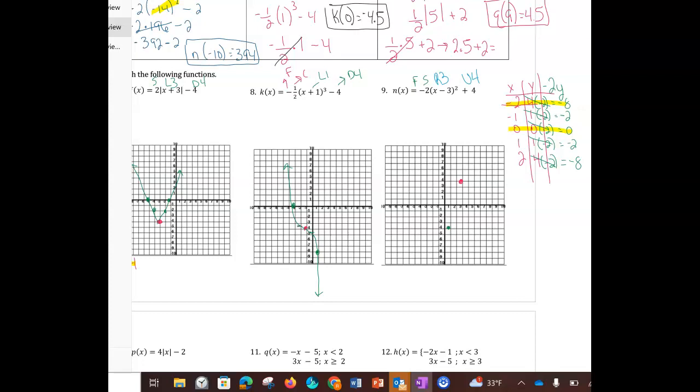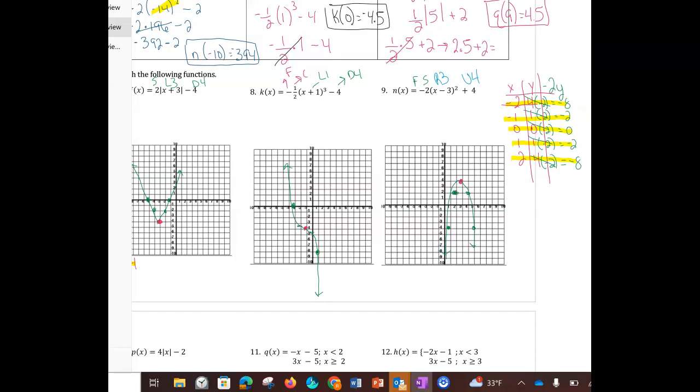Then I'll take from the pink point and go left 1, down 2. And then I will go right 1, down 2. Okay, I want to make these all green. And then finally, I will go right 2, down 8, all from the pink point. So I end up right there, and then I will make a U shape.